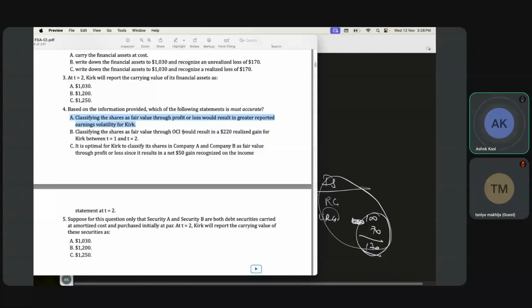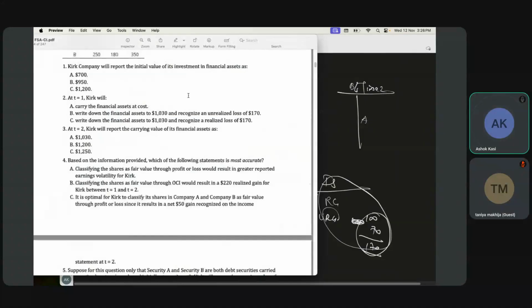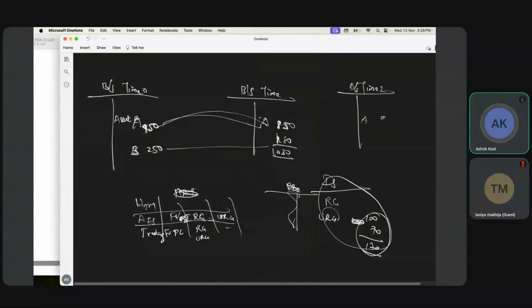Classifying the shares as fair value through OCI would result in 220 realized gain between T1 to T2. Okay, that we have to check. At time 2, the balance sheet asset value will be 900 and 350, so this is 1250.